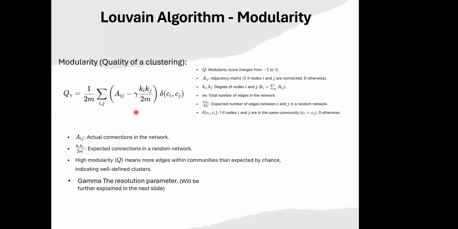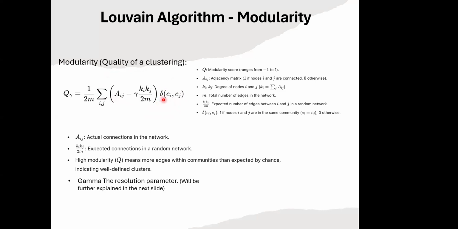So the purpose of the quality is to compare ourselves to the probability of a random graph. And while we are doing better than random, we don't need to stop. The indicator is here to say that if we decided that i and j, which is this edge, are in the same cluster after we run Louvain, we count this term.